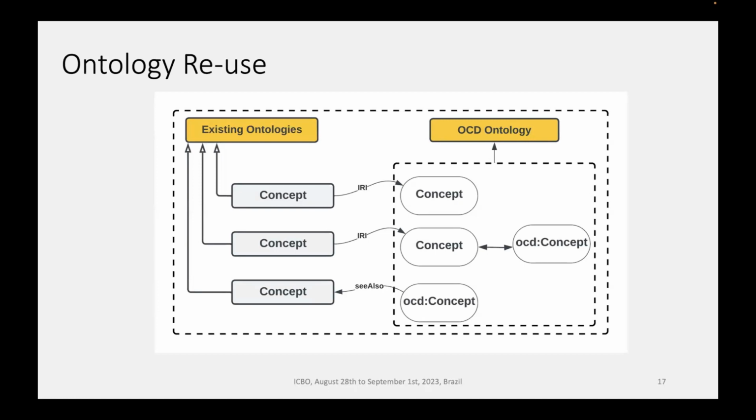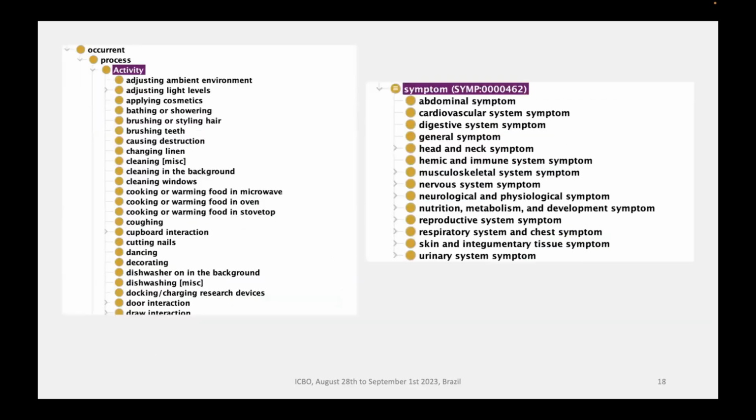So here, if a concept is well defined in an existing ontology and is aligned with the requirements of the OCD ontology, then we reuse the concept by using the IRI, the International Resource Identifier.